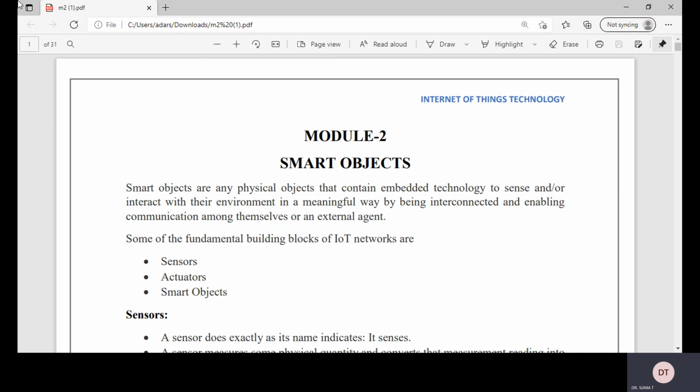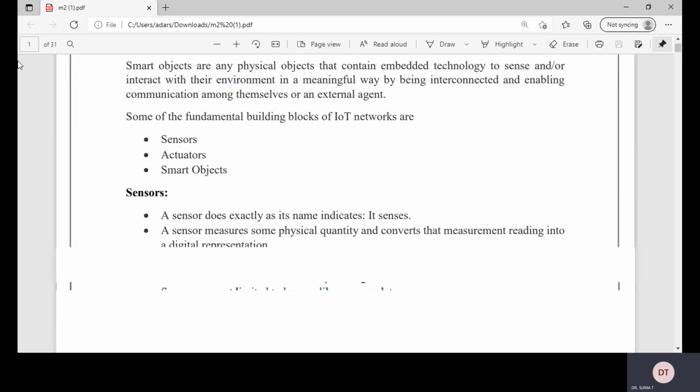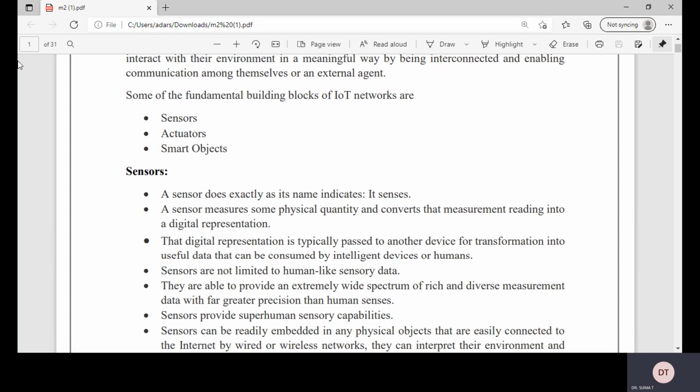Okay, so let me take them one by one. First we will take sensors. A sensor does exactly as its name indicates. It senses.